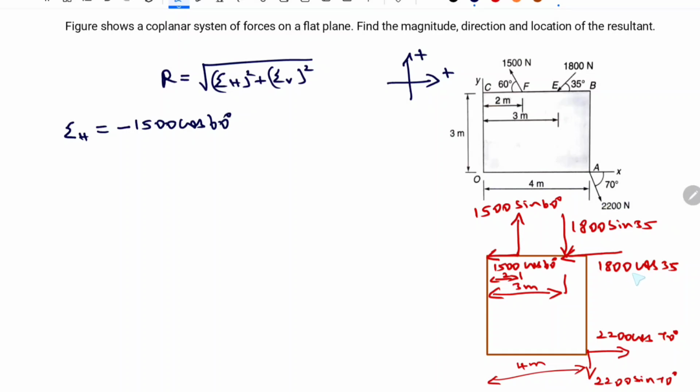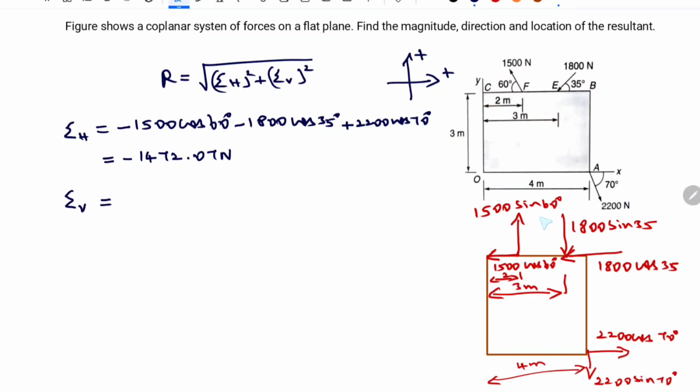Then 1800 cos 35 is acting in the same negative direction, so it is minus 1800 cos 35 degree. And 2200 cos 70 is acting to the right side, so it is plus 2200 cos 70 degree. If we solve this, we get the value of minus 1472.07 Newton.